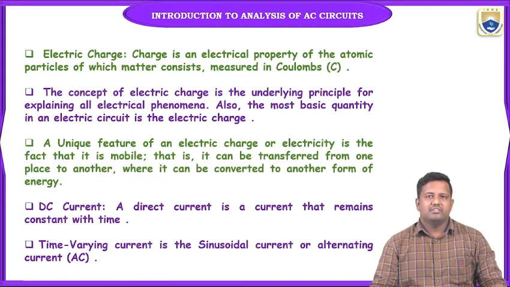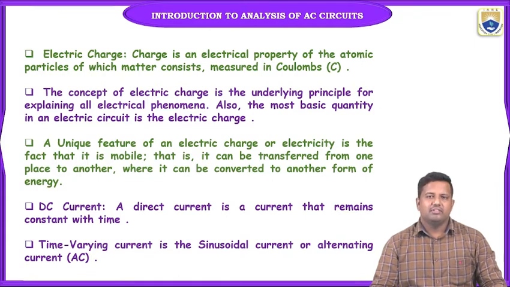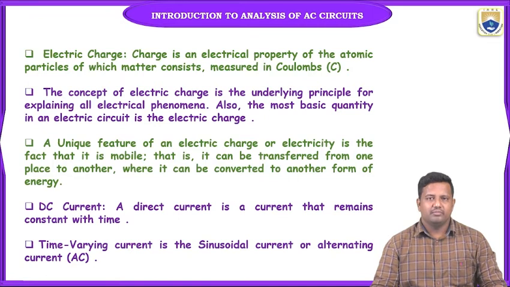One important feature of electrical charge is that it is mobile in nature. Due to this mobility, we can transmit electrical energy from any place to any other place. These charges are inherently mobile, which means they are capable of moving from one place to another, but they require some external energy source.